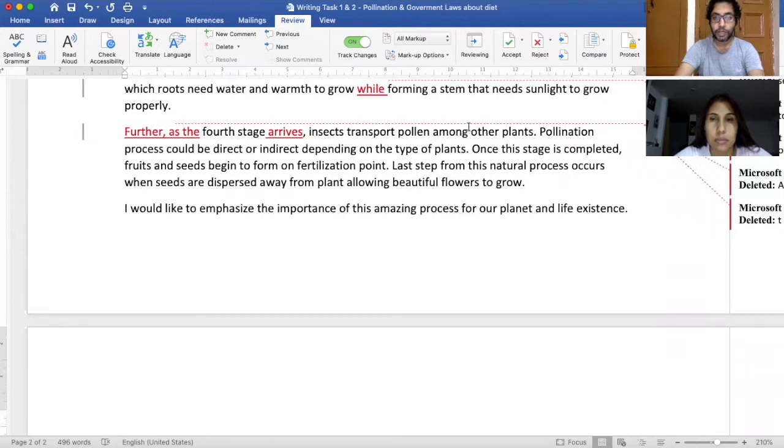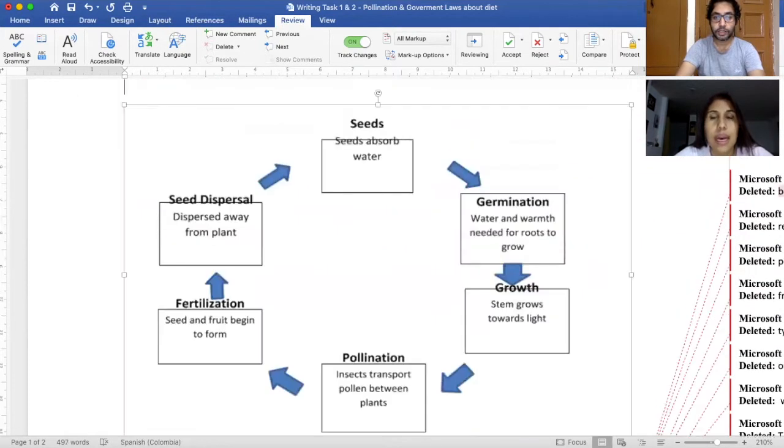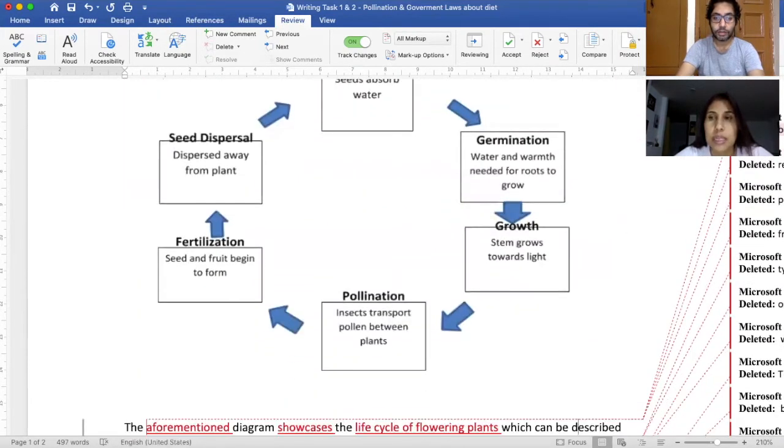Among different plants or among various plants, the pollination process. It's a specific process. Okay, direct or indirect. I always get confused with that connector, because I don't know when to use it.